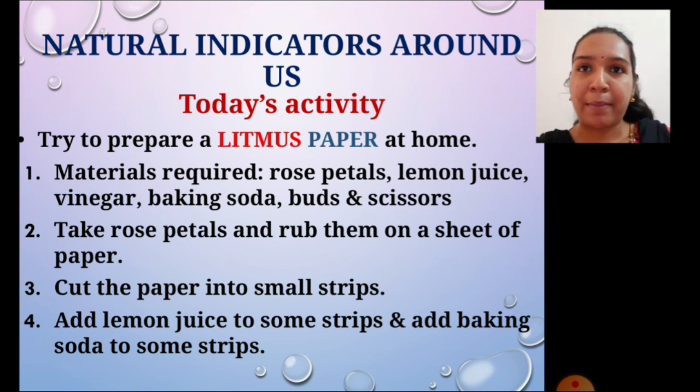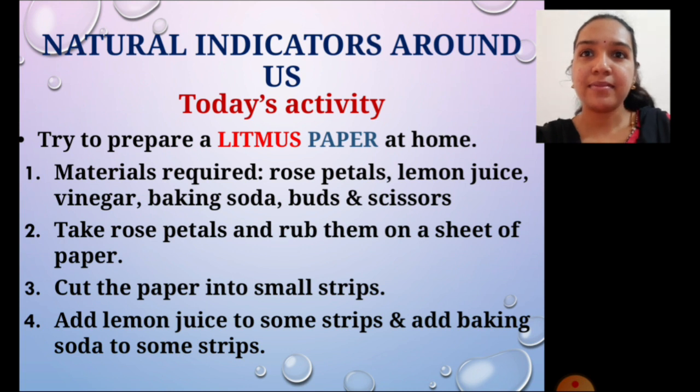Take a few paper strips and add lemon juice to some strips entirely, drop by drop. And for the remaining, add drop by drop some baking soda solution. You can have your red and blue litmus papers ready for test.